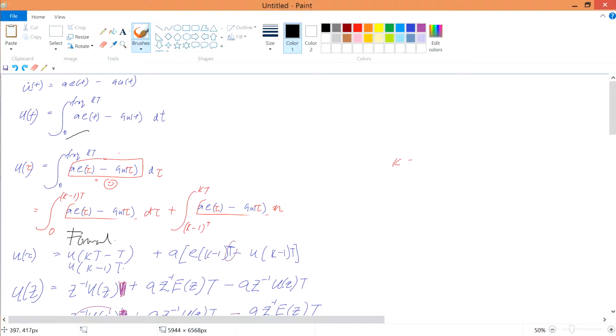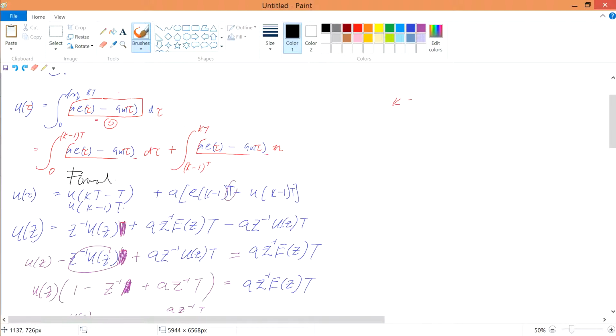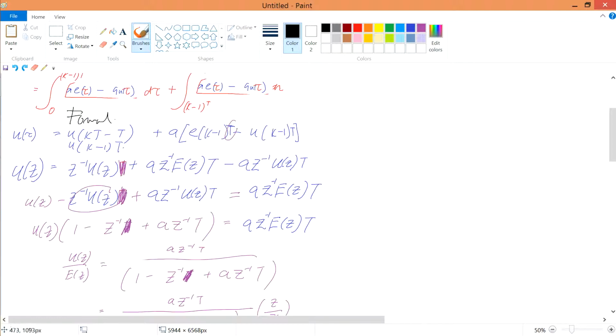Then after that we change it to the tau domain because we say that it's a digital domain, and then after that we integrate it, where before we integrate, we want to sub in. After the integration, for some reason, you become a forward where you sub in your u(kt minus t) over here, as you can see. Okay, and then after which we carry on with the z transform. So over here is the point where you sub in your stuff. This is the critical point where you determine your forward, your backward, or your trapezoidal.